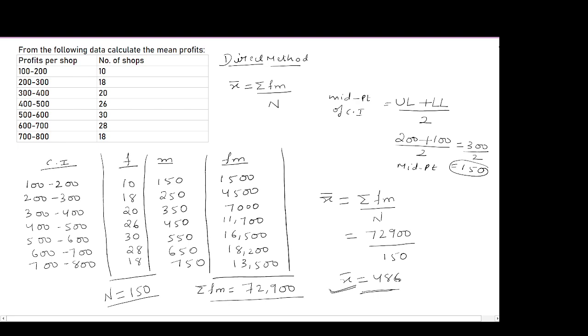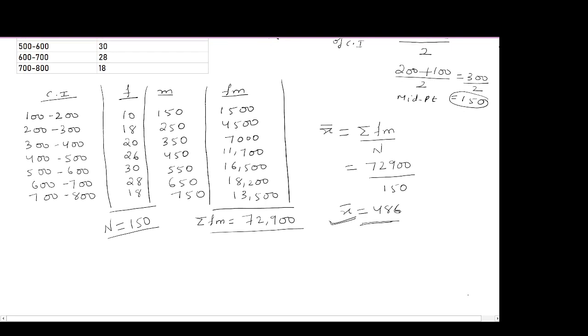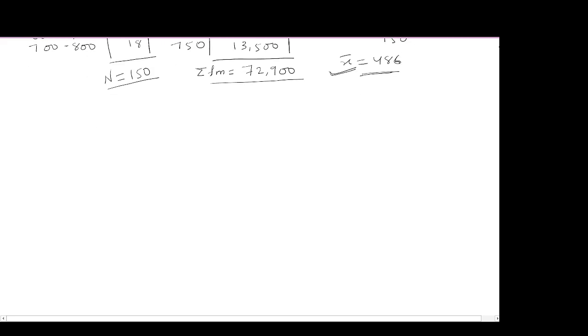Okay. Now taking the same example, we will calculate the same problem using the shortcut method. What is the formula for the shortcut method? x bar is equal to A plus, formula remains the same, summation f into d divided by capital N. This formula remains the same for the discrete method as well as the continuous method.